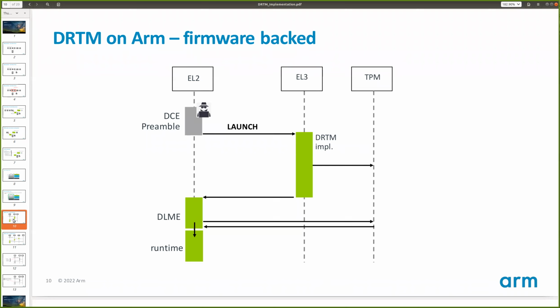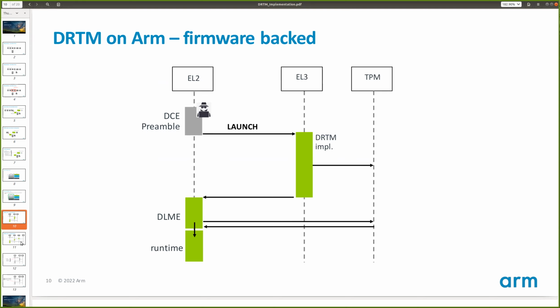At that point in the boot flow, you have a target payload that we call the DLME, the dynamically launched measured environment, loaded. And there's a new launch SMC call that is made that takes you into some EL3 firmware where DRTM is implemented. And you'll see that later as we talk about the TFA implementation of this, that's the component we're talking about here. It's an EL3 component that handles the DRTM measurements, and then eventually transfers control to the DLME.